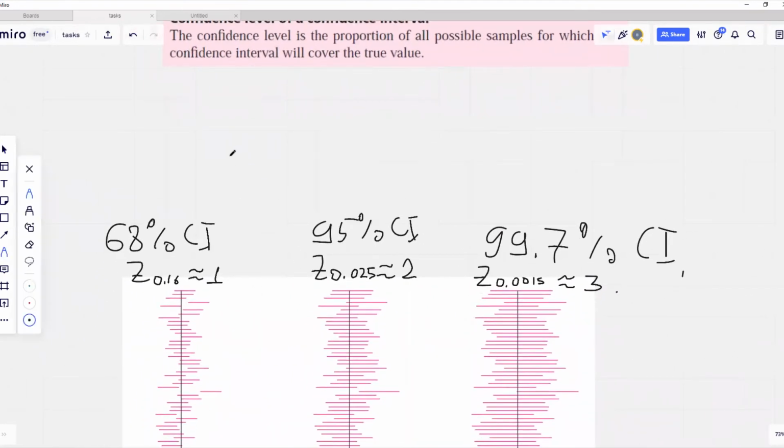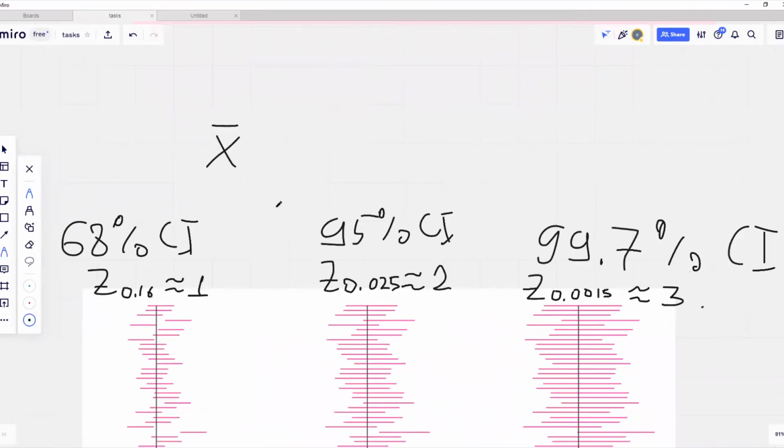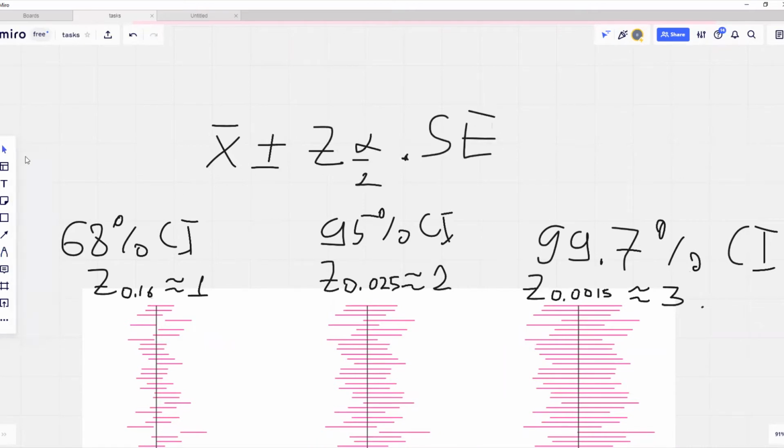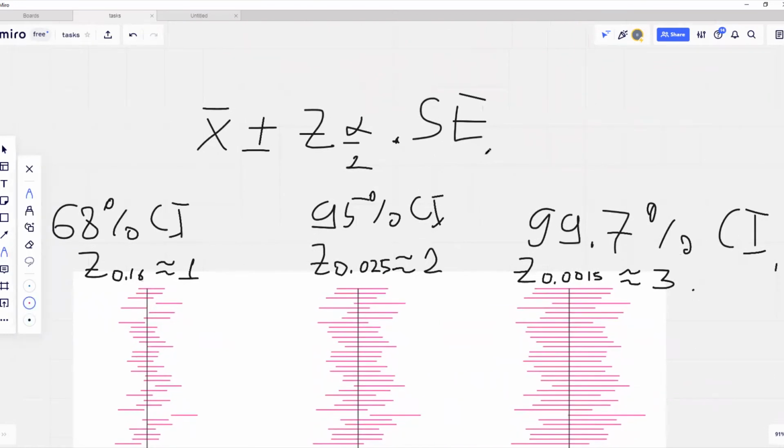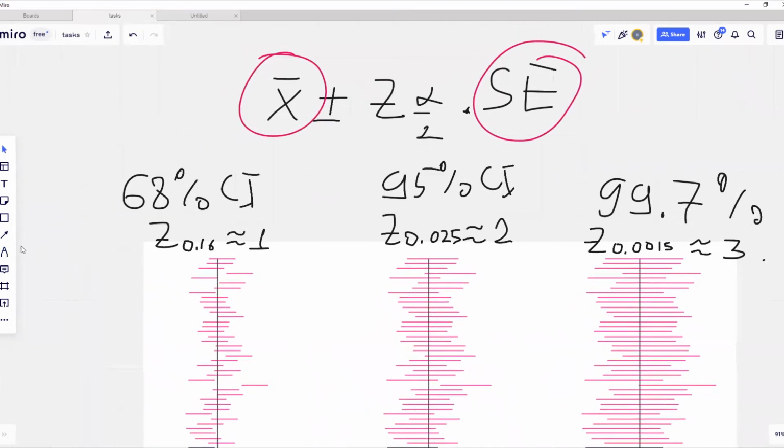So let's recall the way we build our confidence interval: X bar plus minus critical value multiplied by standard error. So standard error is the same for all the three cases. X bars are going to vary from case to case.